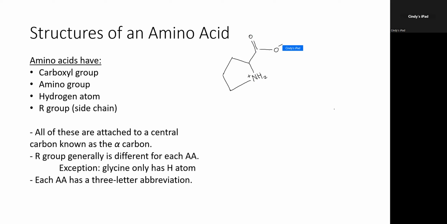Actually right here, proline. And just to give you its structure, so that you have an idea of what the whole thing looks like, I'll write it out completely. So we'll have CH2 here.